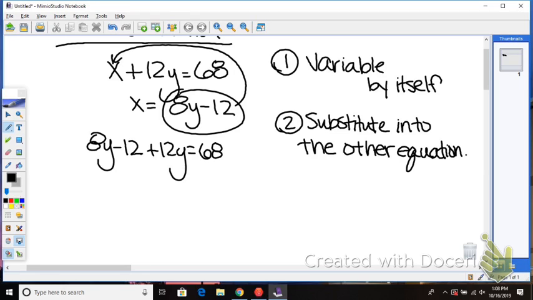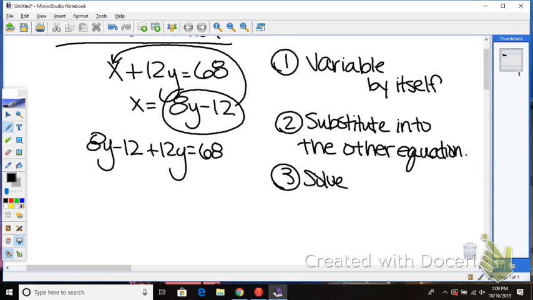Now in this equation, when I've substituted, it just becomes a simple algebra problem because you only have one variable. Before I couldn't solve for anything because I had an x and a y. Now I have just y's, so now I just need to solve.